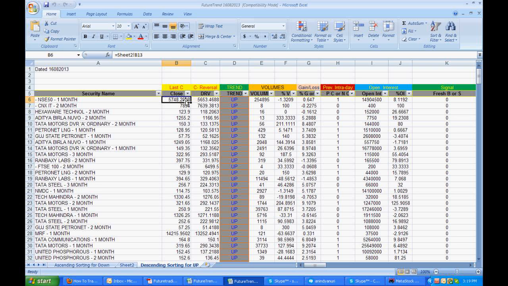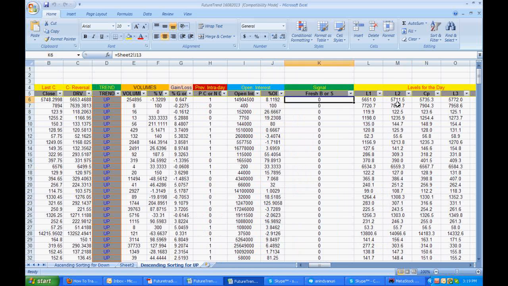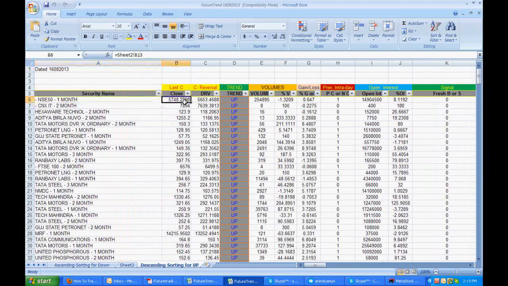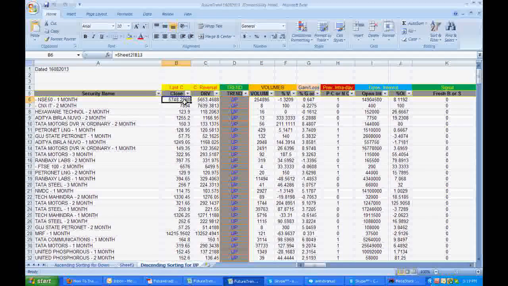What I'm saying is that the trend part, the fresh buy and sell signal. The fresh B is buy and fresh S is sell. Now we come over to the column. What do you mean by fresh buy? When the price crosses the DRV fresh.